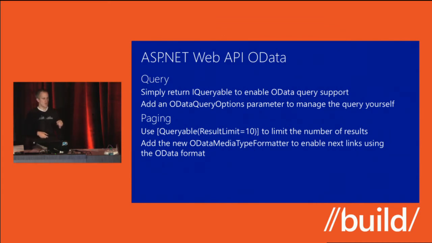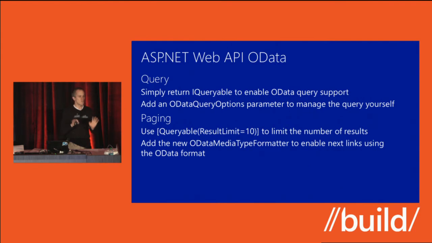While we're talking about query, I'll also mention that we have a new feature here as well where we support parameter binding to a type called OData query options. And that is just a parsed representation of the OData query. So instead of letting an action filter handle query for you, you have the option of just saying, give me the query and parse it for me so that I can deal with it.